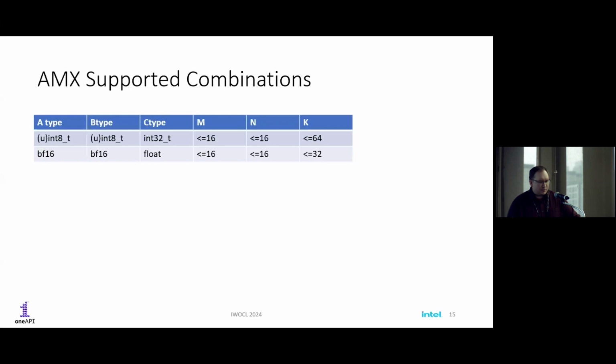For matrix A and B, it can be an int8, either signed or unsigned, and your accumulator type is going to be int32. And we support Ms and Ns up to 16 and Ks up to 64. And then the other type that's supported is your input matrices are bfloat16 and your accumulator is a float, with very similar sizes, but a little smaller K because our data types are twice as big.